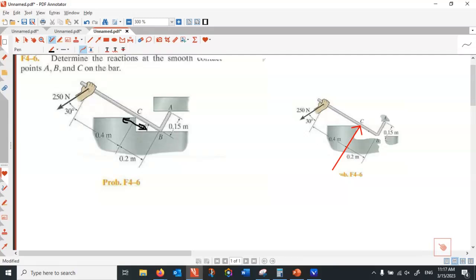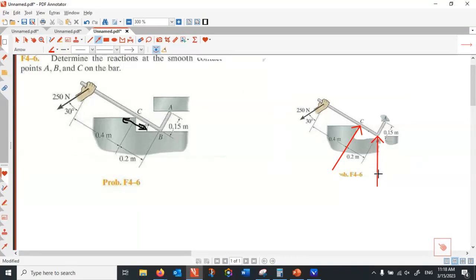The ground is always fixed. If you keep sliding the rod, point B moves horizontally. If you move the lever, point C moves at 30 degrees. If you move the lever, point B moves horizontally. So the reaction for that would be just vertical.